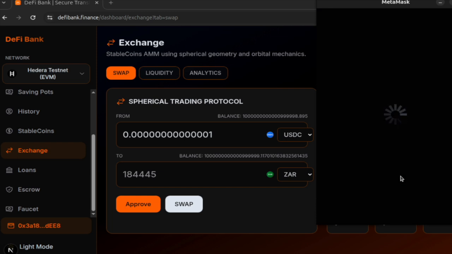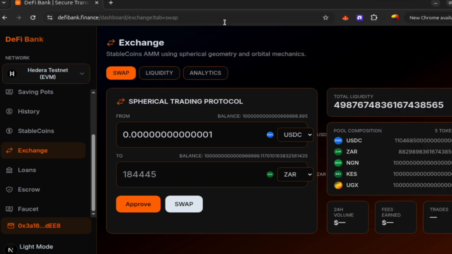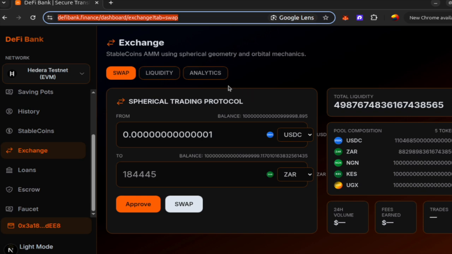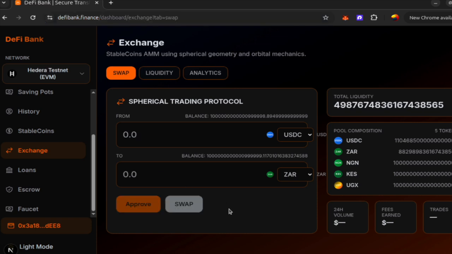Transaction confirmed. Let's swap now after the approval.